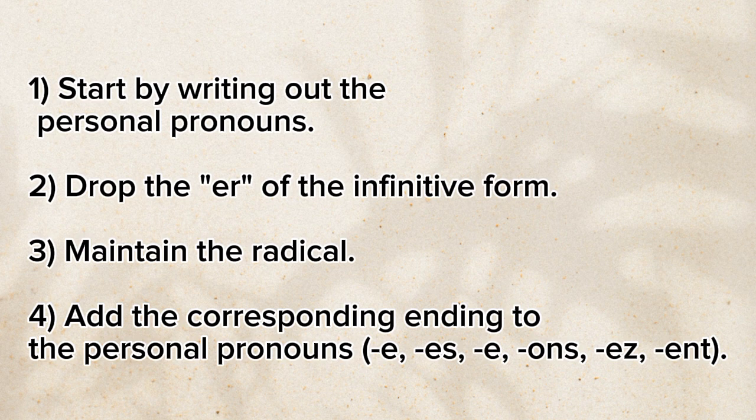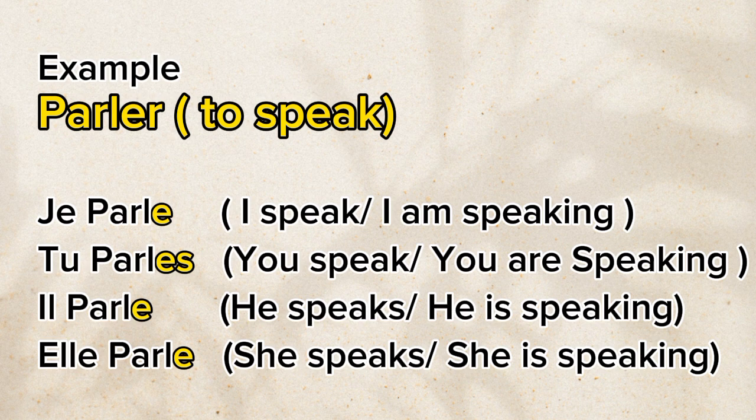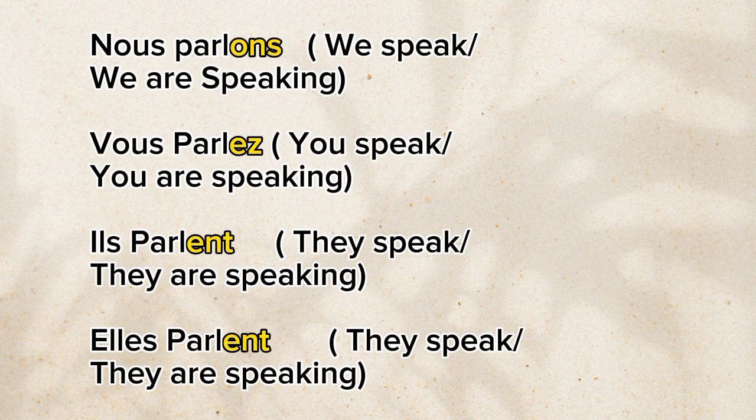Those letters will form the radical. I maintain the radical. After that, I have to add the corresponding ending. The e is for the je, the es is for the tu, and so on. So we say, je parle, tu parles, il parle, elle parle, nous parlons, vous parlez, ils parlent, elles parlent.